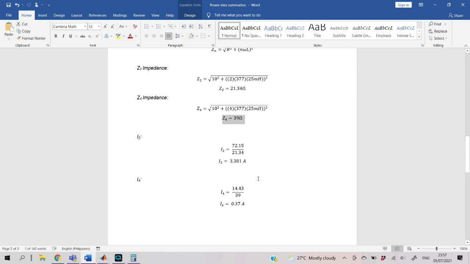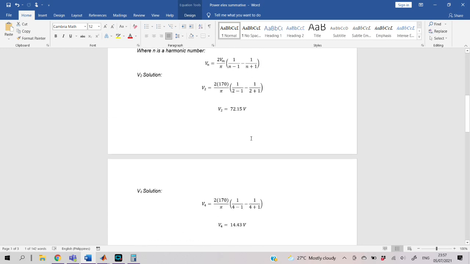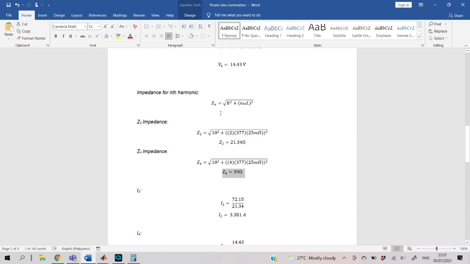Next, we are going to determine the values of the current in the second and fourth harmonic. The current of the nth harmonic is equal to the voltage of the nth harmonic over the impedance of the nth harmonic.